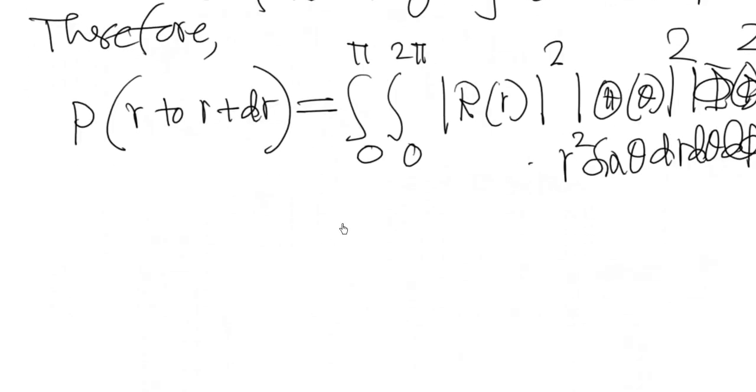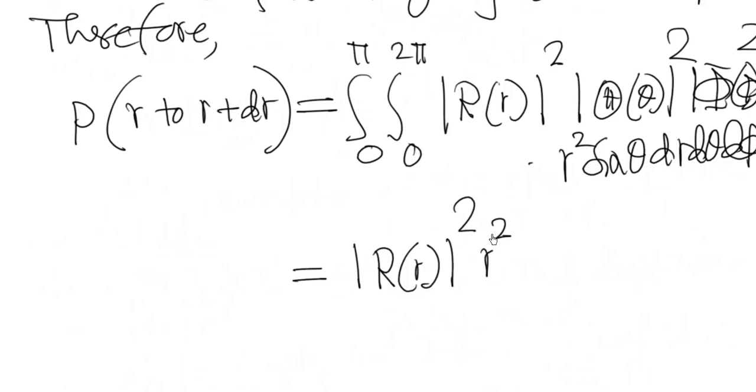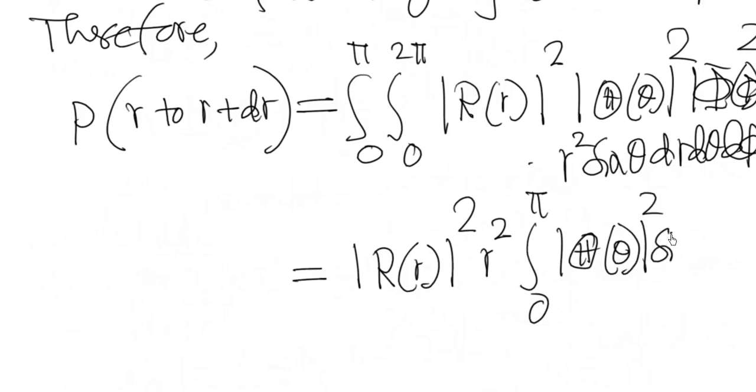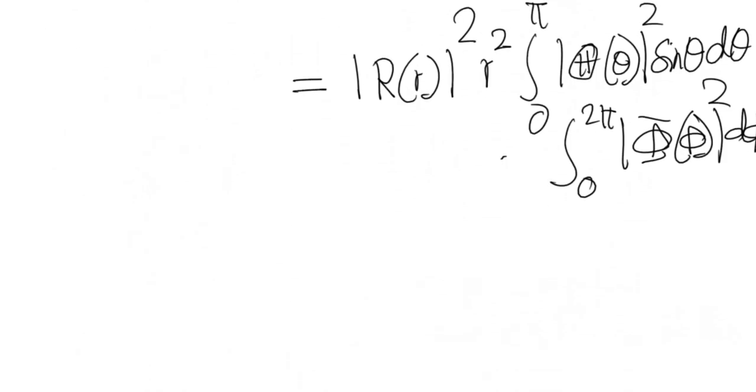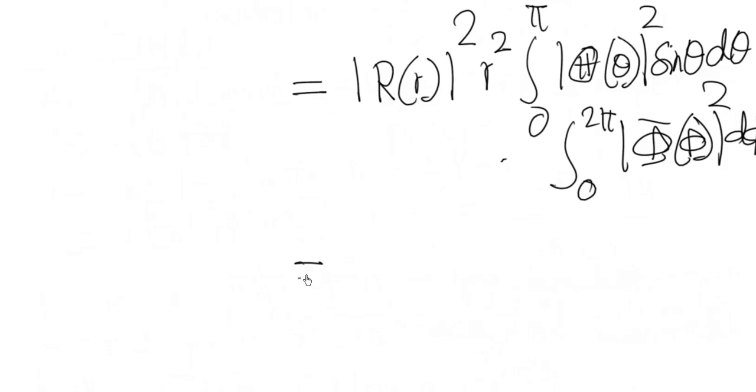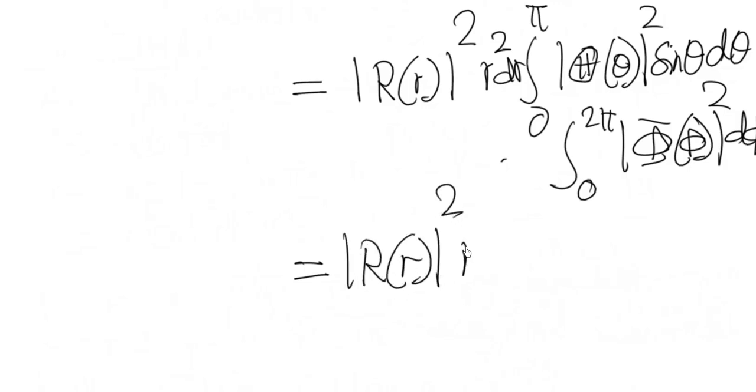So if we integrate over theta and phi, with the integral of sine theta d theta and the integral from 0 to 2 pi of modulus Phi square d phi, these integrals will give you unity, and we will be left with R of r modulus square r square dr.